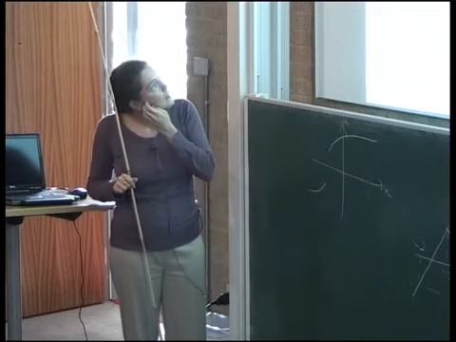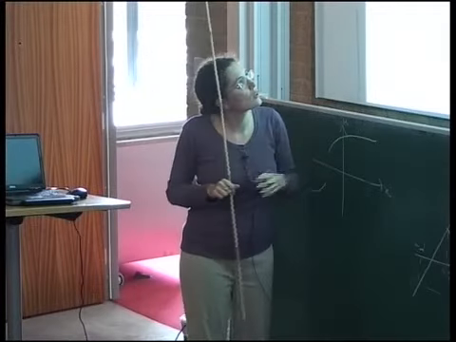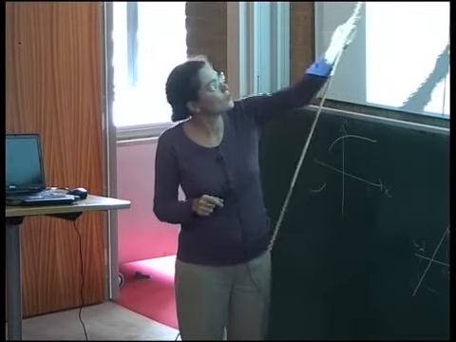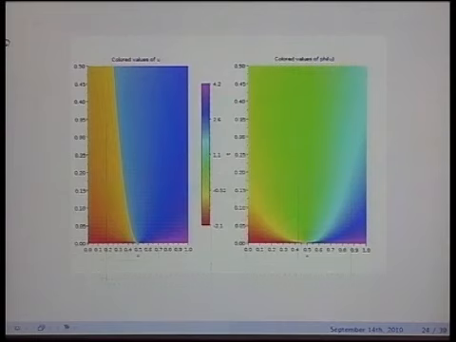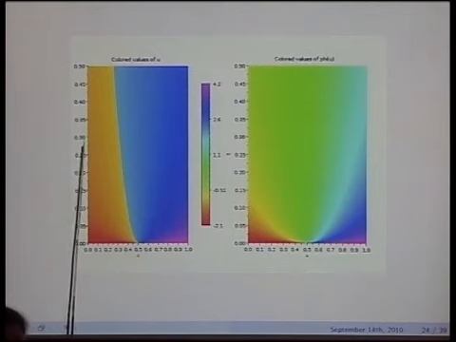You are in the first case, meaning the interface will move to the left. And this is what the solution looks like afterwards. The shape of the interface is pretty clear. It's parabolic.